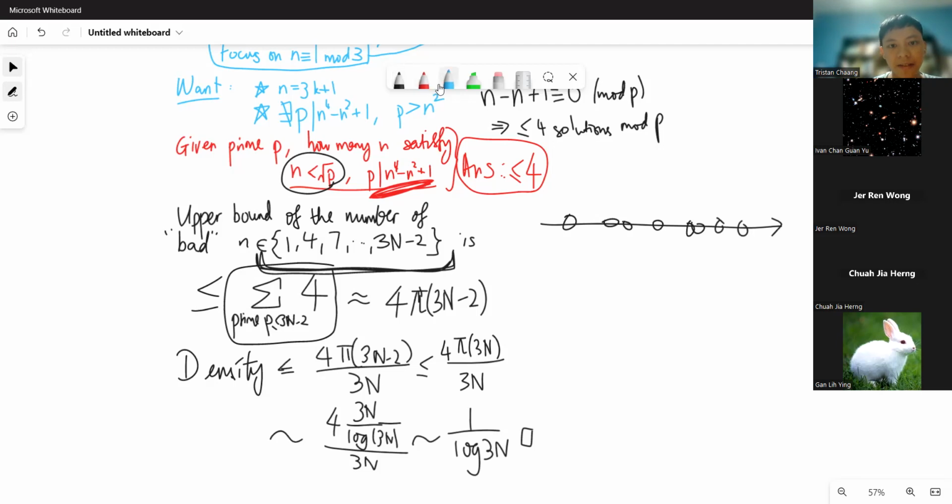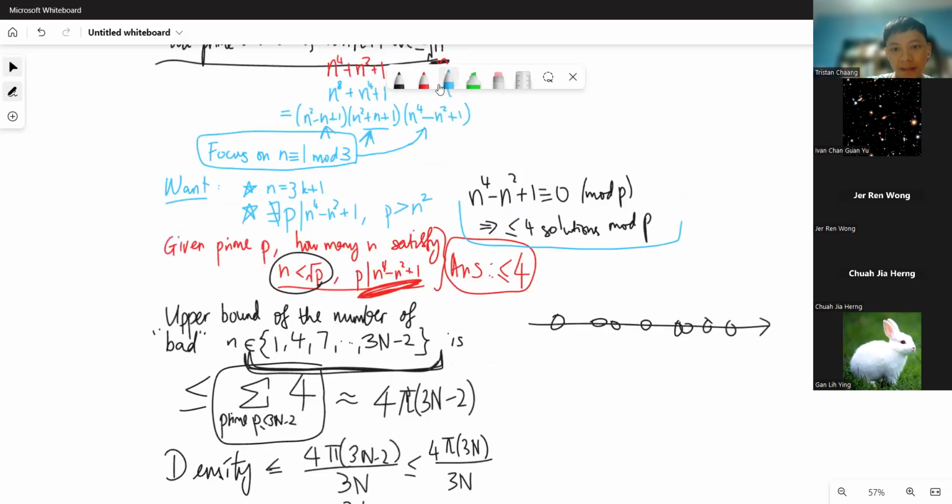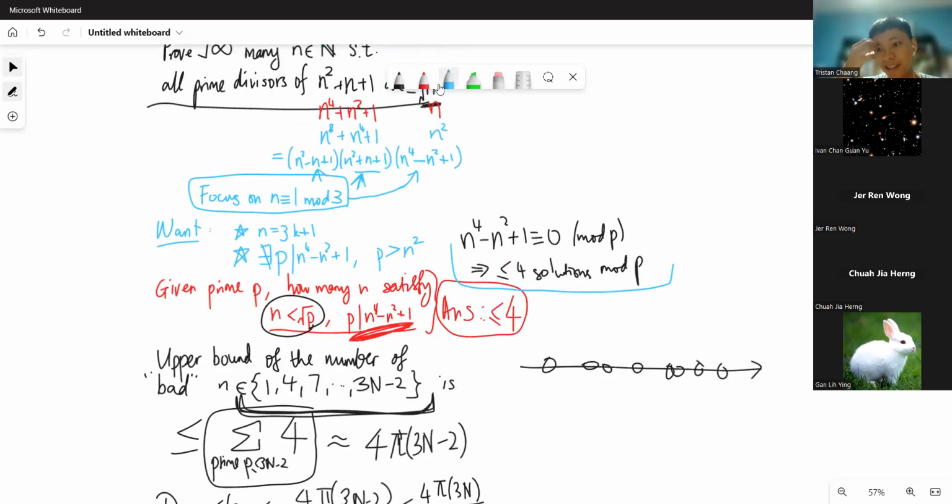This is also something that might be easily overlooked: if you have a polynomial mod p, there are only at most degree of f roots. It's not so trivial, so sometimes we easily forget it, but it's a very powerful thing. Okay, does that make sense? If that makes sense, let's move on to another one.